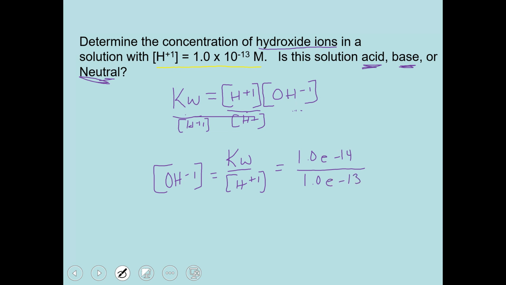Now you can probably do this math in your head because when you divide 1 by 1, of course you get 1. And you can subtract the exponents and get 10 to the negative 1. Or you can try plugging it in your calculator. But we can see that the hydroxide ion has this concentration in moles per liter.